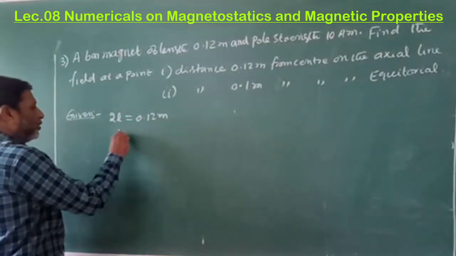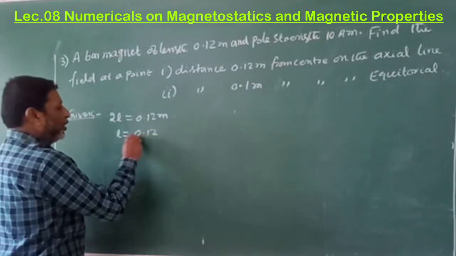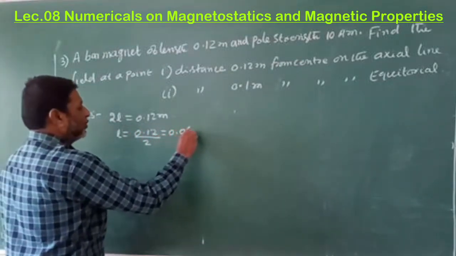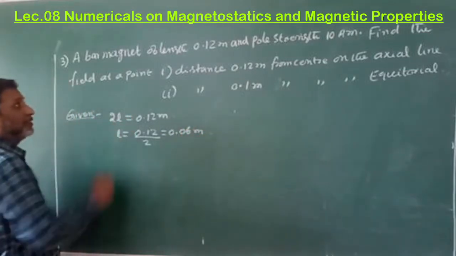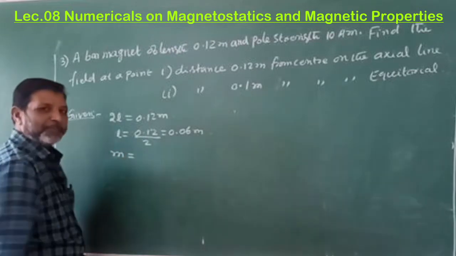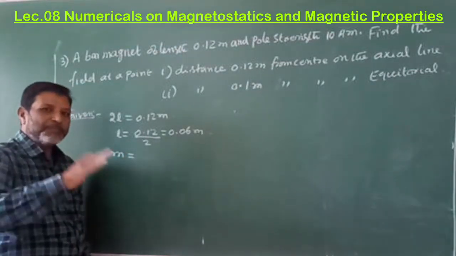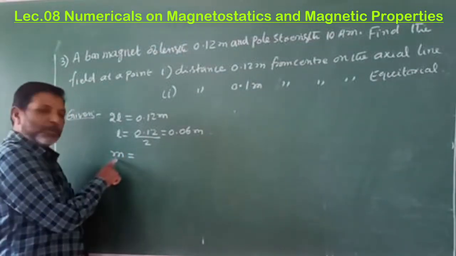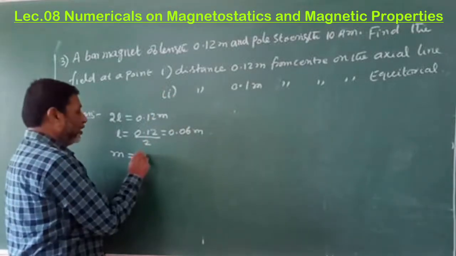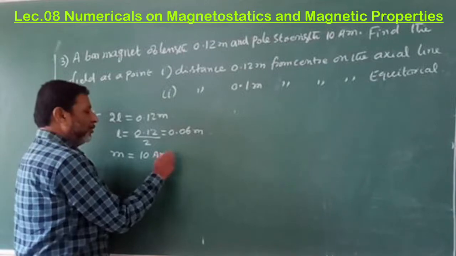Then L is equal to 0.12 divided by 2, which is nothing but 0.06 meters. This is given, and the next is pole strength. It is represented by small m, isn't it? Magnetic moment is represented by capital M, whereas pole strength is represented by small m. Now this small m is equal to 10 ampere meter.